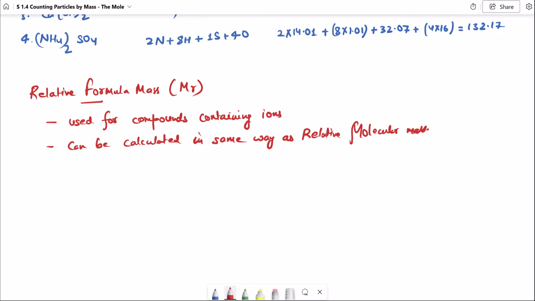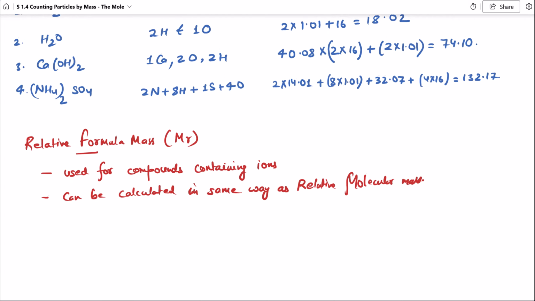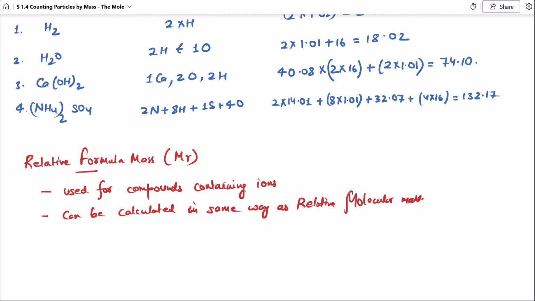Let me give you an example. Let's take potassium carbonate, K2CO3. So how many potassium do you have? So you have 2 potassium plus 1 carbon plus 3 oxygen. So what will be the mass?